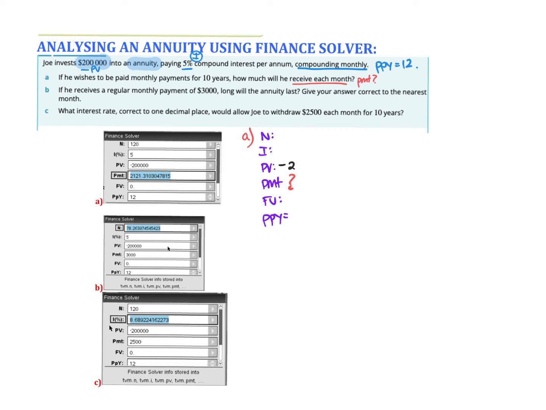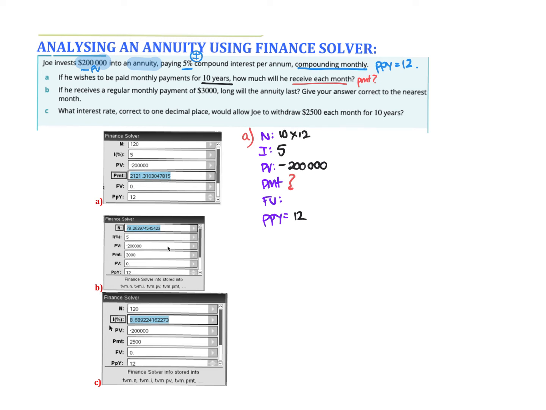So he invests $200,000. I know that's the PV. The interest rate, I know, is 5. Now, it said compounding monthly, that's PPY 12. He said it's going to last for 10 years, so I do know it's 10 times 12.